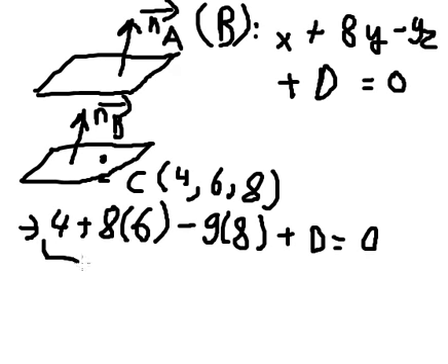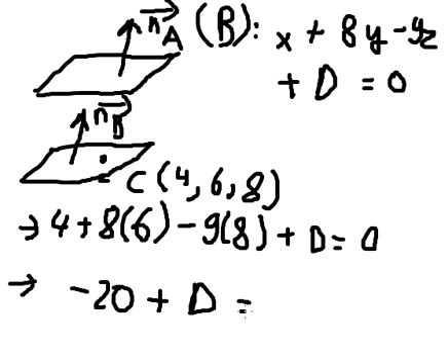So we calculate this one, and we have negative 20 plus d equals 0.